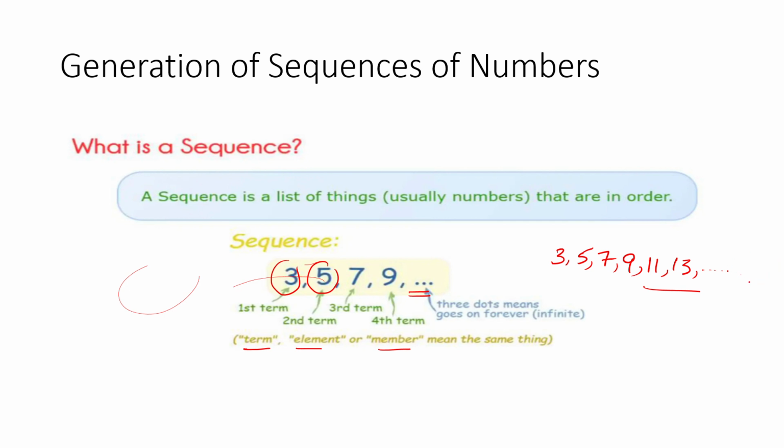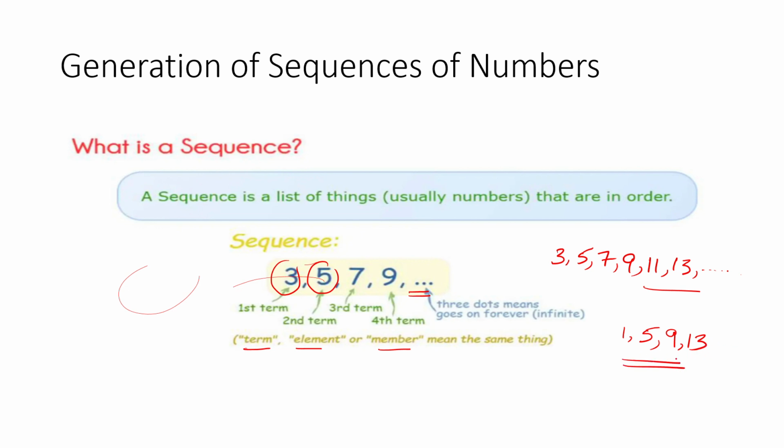But if it is 1, 5, 9, 13, there are no dots at the end of the last element, then this is a finite sequence.